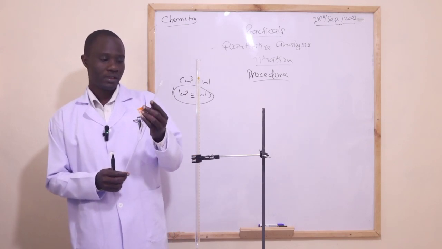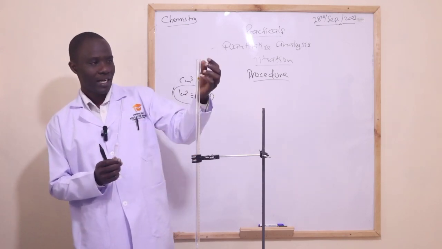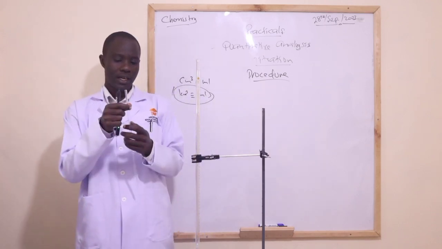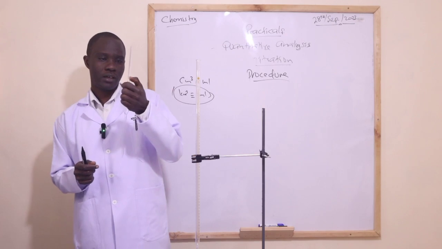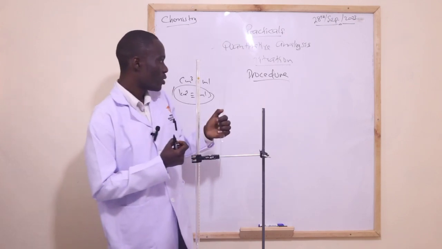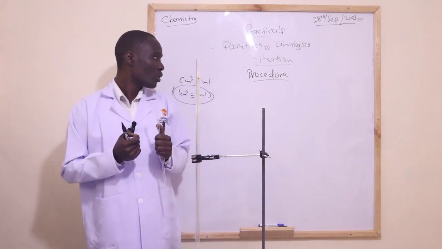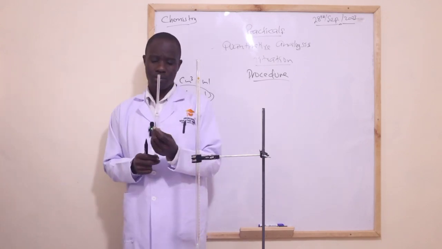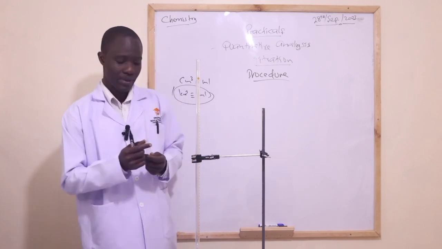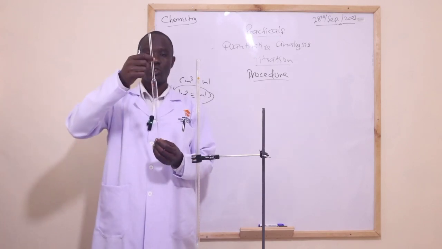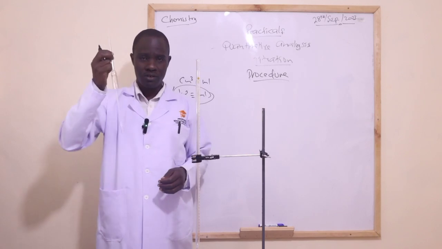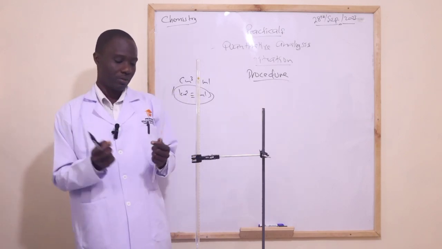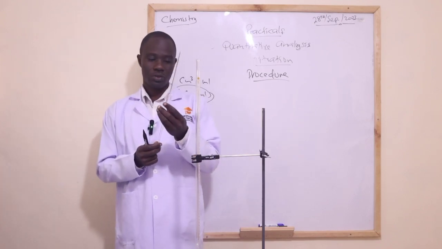So you need to know that. Now, slightly above the marks in both the pipette and the burette, there's always a round mark, mostly either brown or blue, depending on the mark used to calibrate the burette or the pipette. That mark normally shows the maximum capacity of that particular apparatus, whether burette or pipette. That's what you need to know.